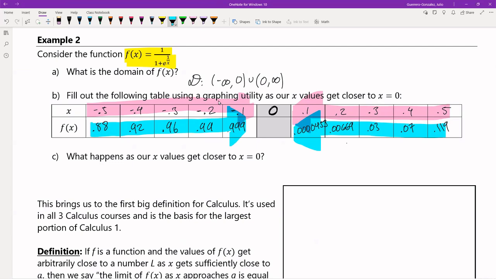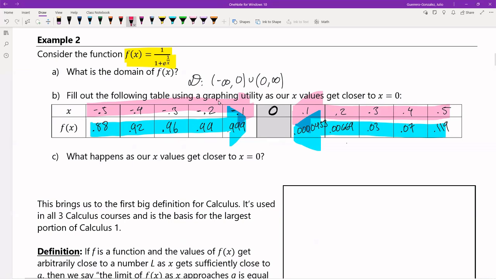And those are really weird, okay? On the left-hand side, those values look like they're getting closer to 1, as opposed to this other side, where those values look like they're getting closer to 0.